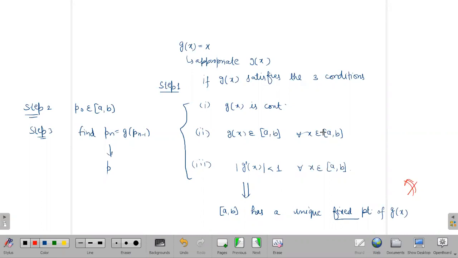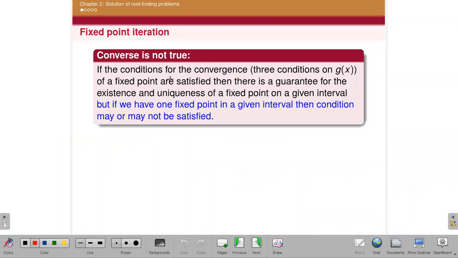But if any interval has a fixed point, then we cannot say that the three conditions will be satisfied by g of x. If the conditions for convergence are satisfied, there is a guarantee for the existence and uniqueness of a fixed point on the interval. But if we have one fixed point in the given interval, then the conditions may or may not be satisfied. So the converse is not true for the condition that we discussed in the earlier lectures.